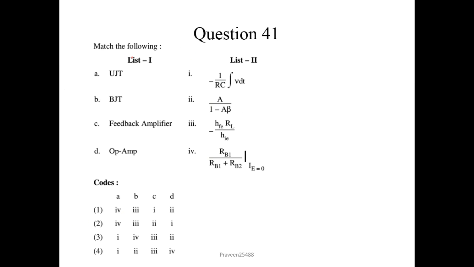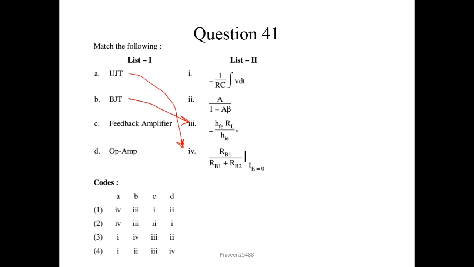Question number 41. Match the following. So here total transfer function of overall gain is given in list 2. We have to match with corresponding list 1. So UJT is given in the fourth one. So here UJT matches with fourth one. BJT is matched with this.